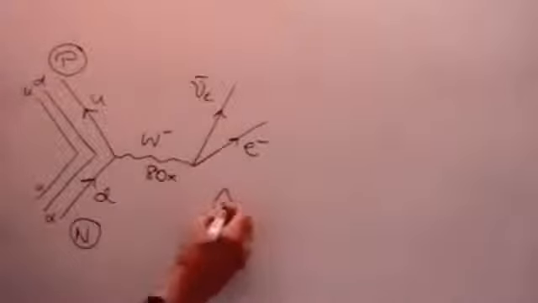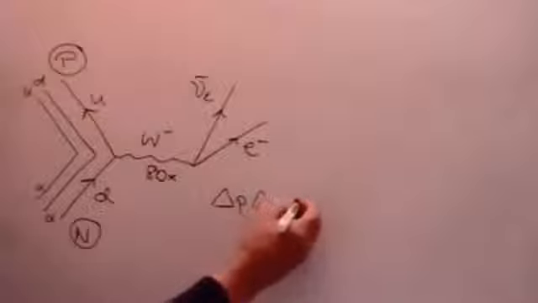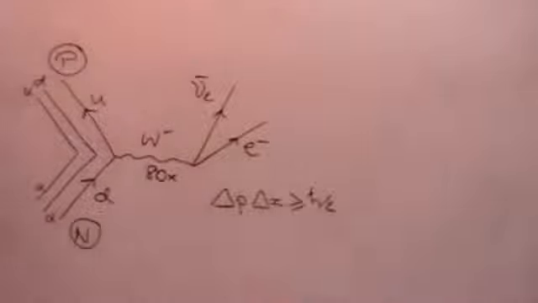How can that happen? Well, the answer is that we invoke the essential bits of Heisenberg's uncertainty principle, which is usually written that the uncertainty in momentum times the uncertainty in position is greater or equal to h bar over 2. That's the standard form of Heisenberg's uncertainty principle.